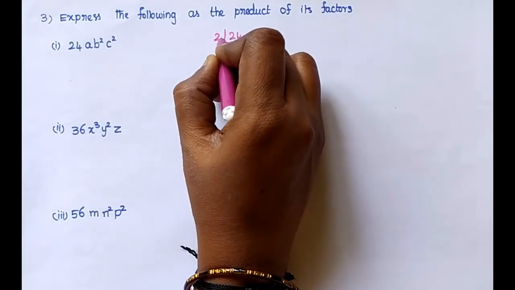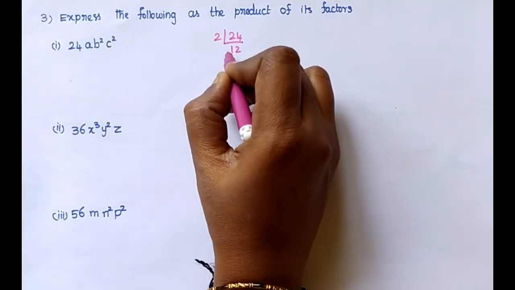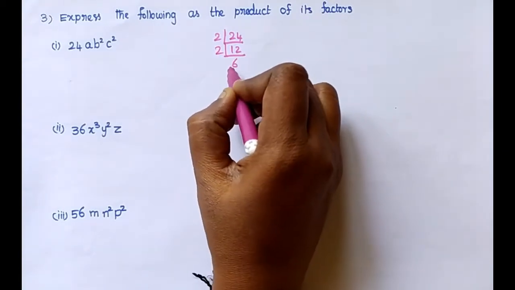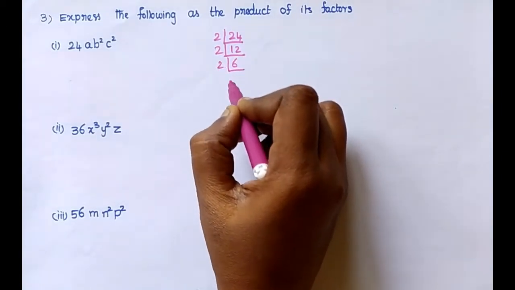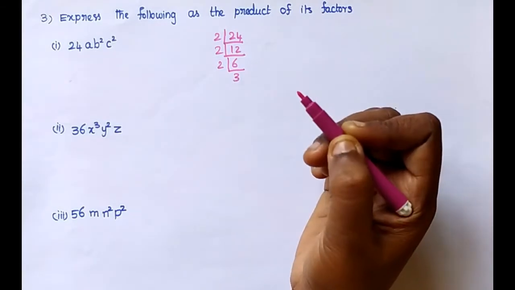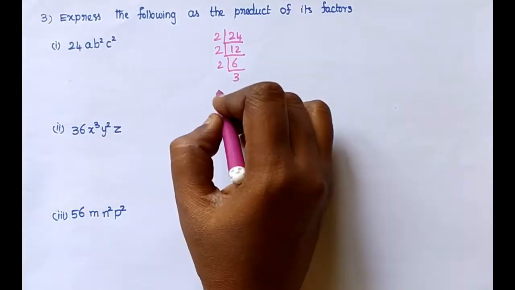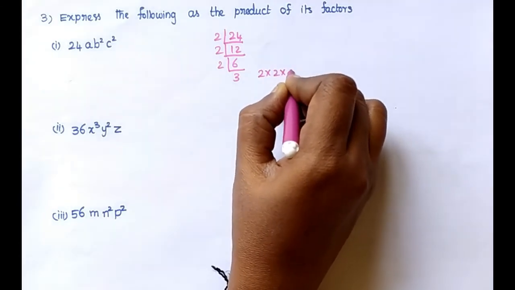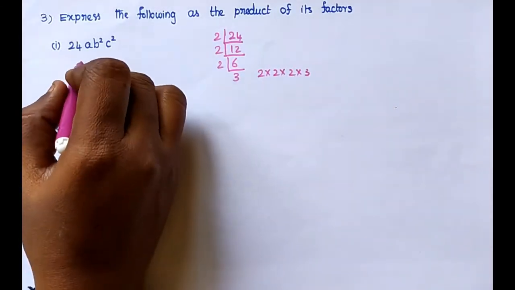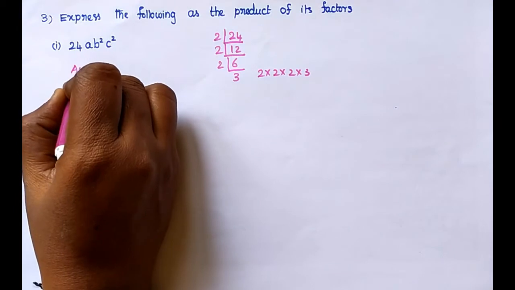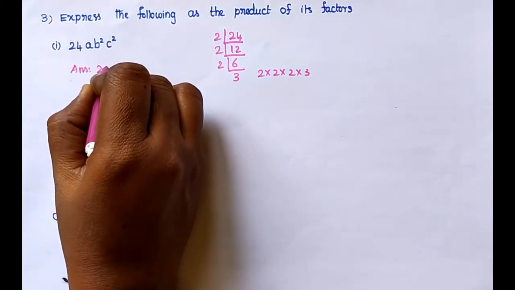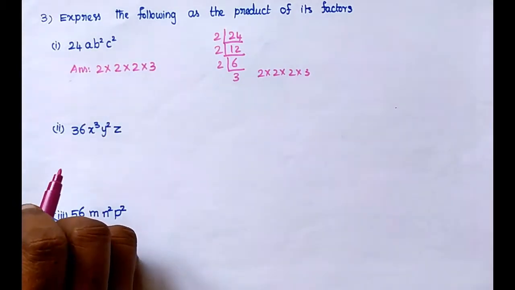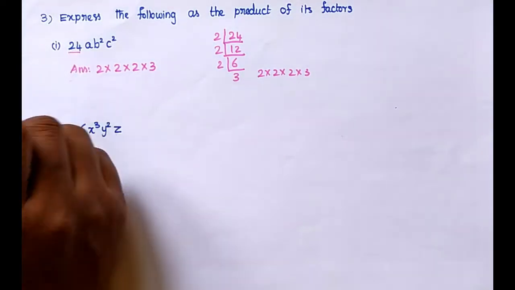Listen, 12 divided by 2, again we get 6, again divided by 2 we get 3. So what is the factors here? 2 into 2 into 2 into 3. So write down here 2 into 2 into 2 into 3, that is for 24.